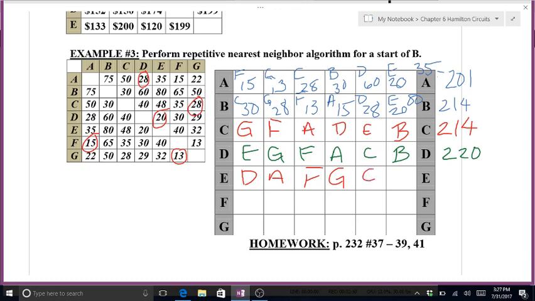And from C, we've got to go to B. And B, back to E. Okay, so that's 15 and 80. 30 and 28. 20 and 13. 28, that gives us 214.